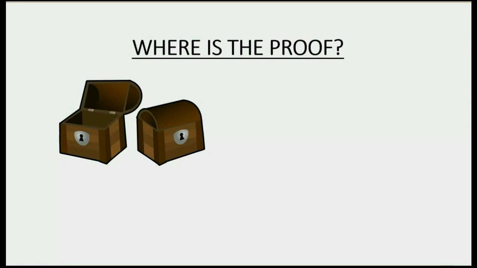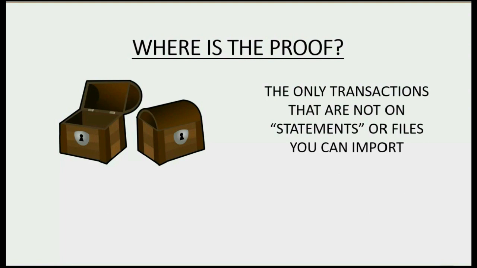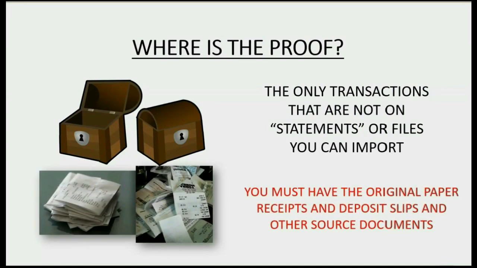Now you may well ask, where is the proof of a cash transaction? You see, these are the only transactions that a small company deals with that are not on statements that come from a bank or come from a credit card company or some financial institution. So, therefore, you must have the original paper receipts or deposit slips or any other source document that proves a cash transaction.